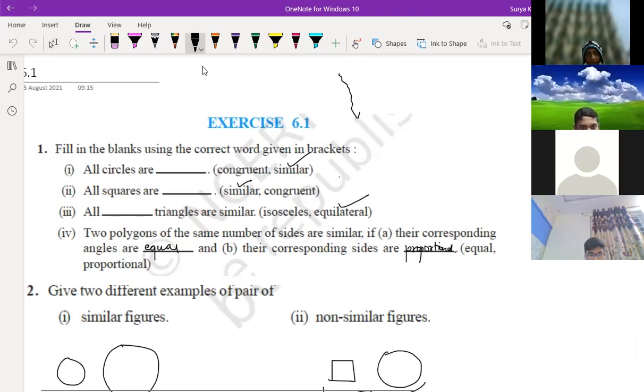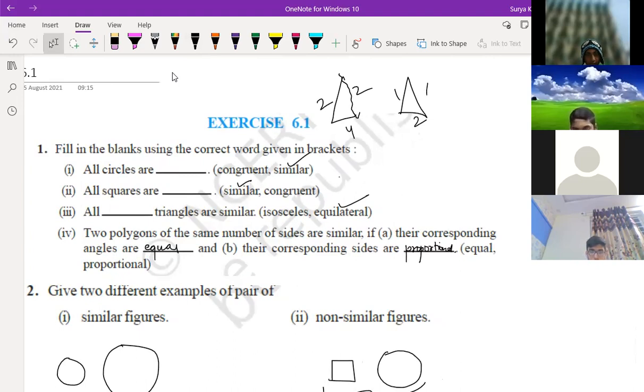Suppose I'm writing like this, two triangles I'll make in this way and this way. I'm writing here 2, 2, 4. Here is 1, 1, 2. So these both are similar or not? These both triangles are similar, right? Others, these both triangles are similar, what I made right now.